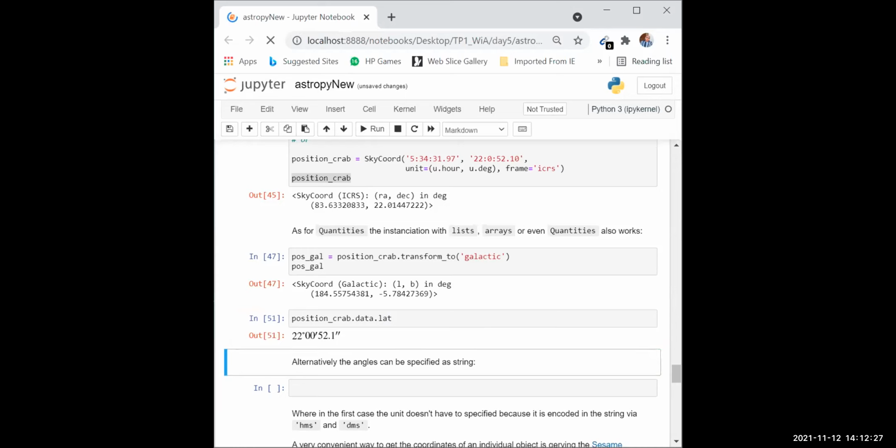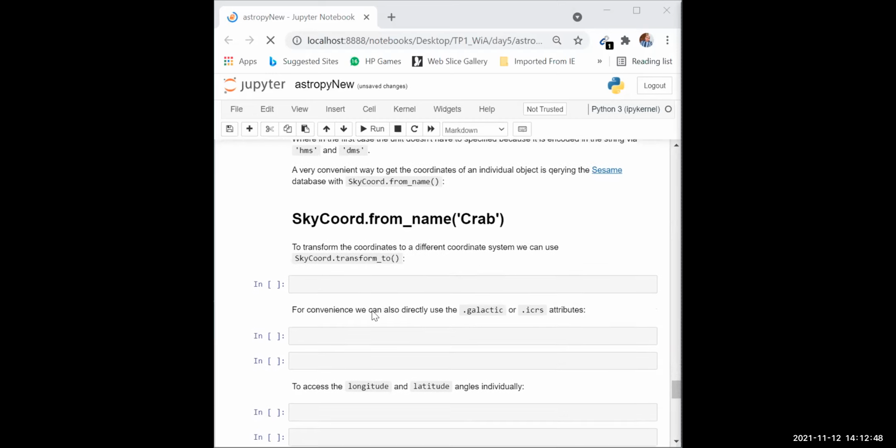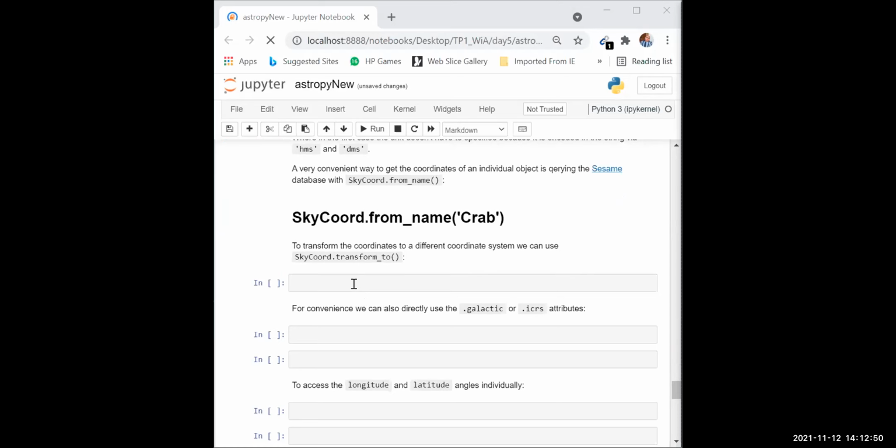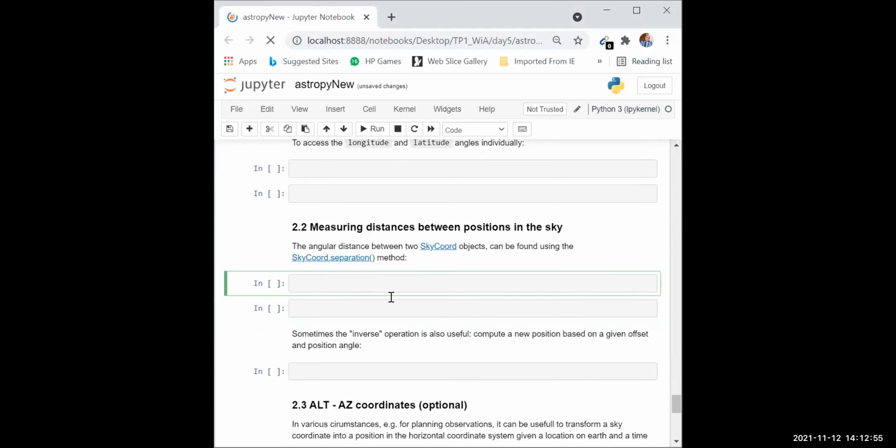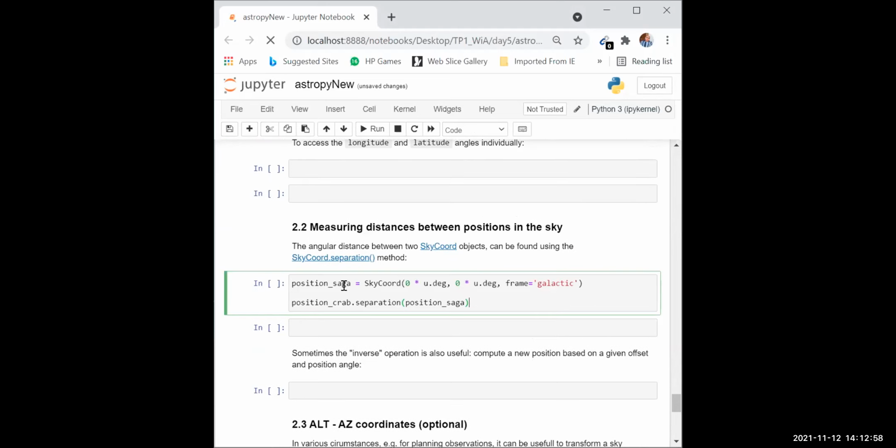So now we will look at finding distances between two positions in Astropy. Coming to this, we are defining this variable, the position of Sagittarius, in sky coordinates.